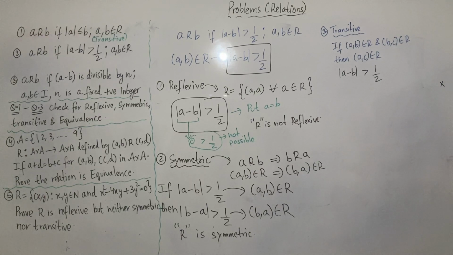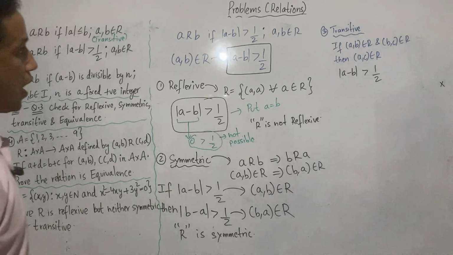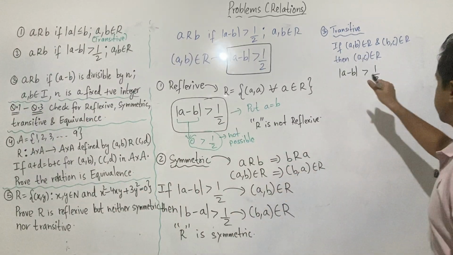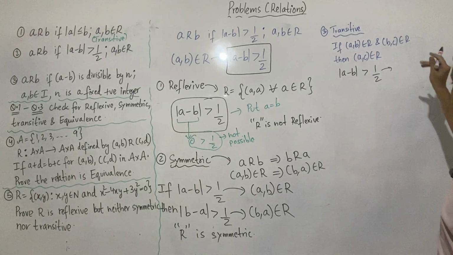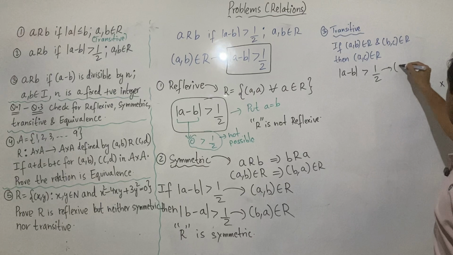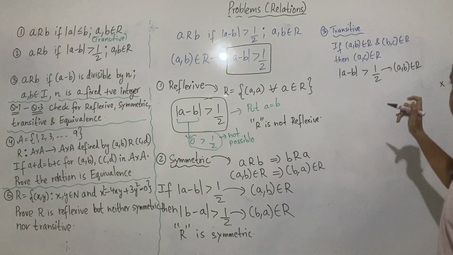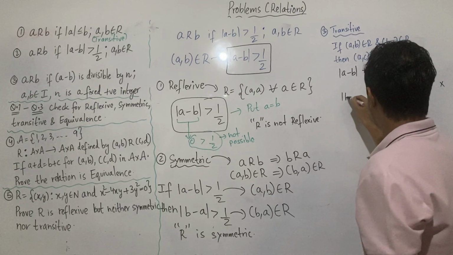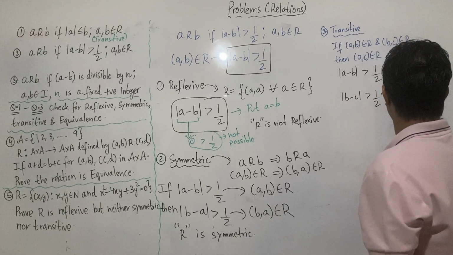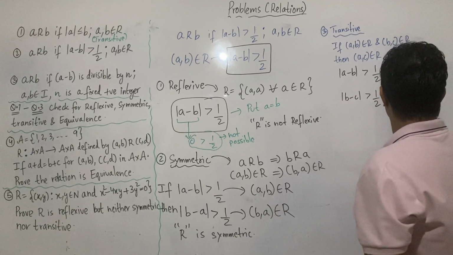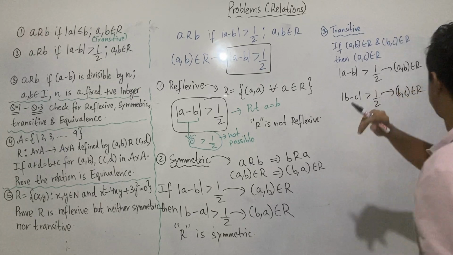If mod of A minus B is greater than 1 by 2, then A and B are in the relation. And if mod of B minus C is greater than 1 by 2, then B and C are in the relation.